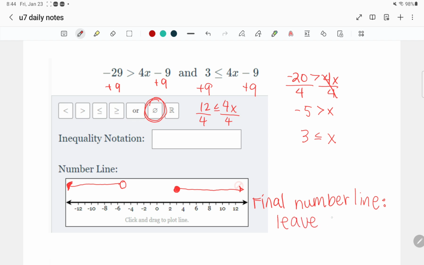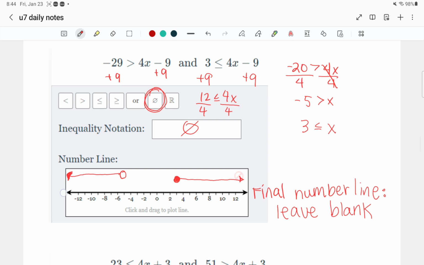So you need to leave it blank. And then you're going to use this symbol in here. So that is what that looks like when they go opposite directions and then never cross.